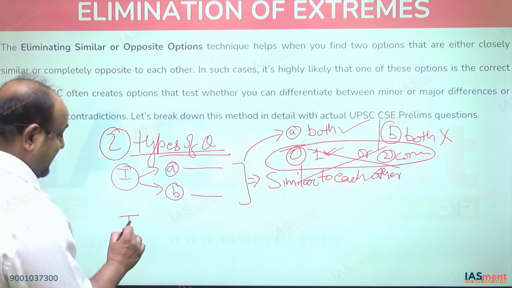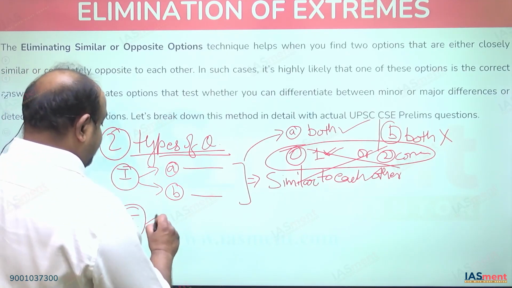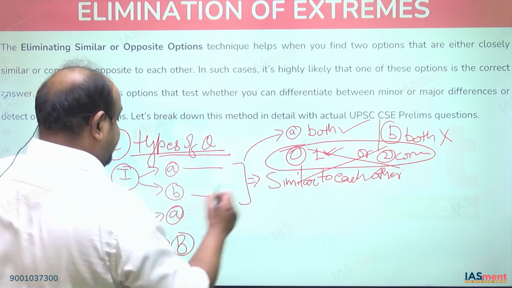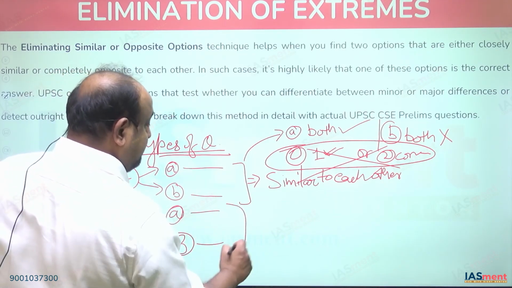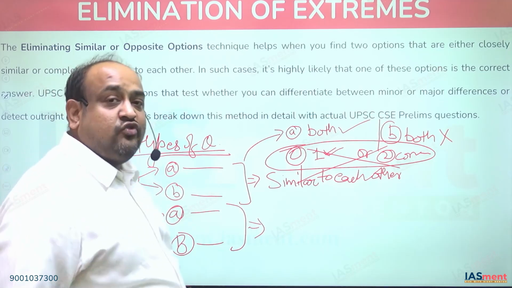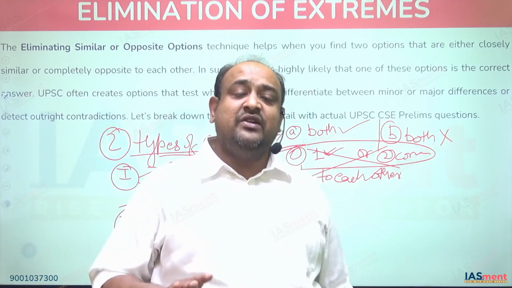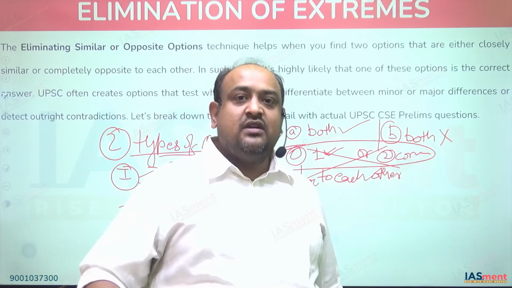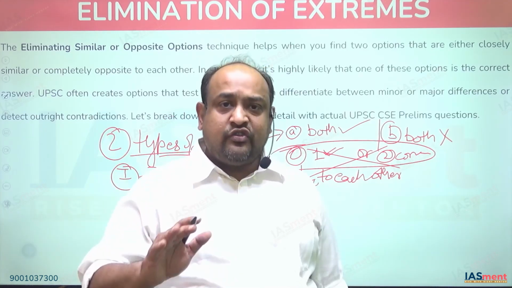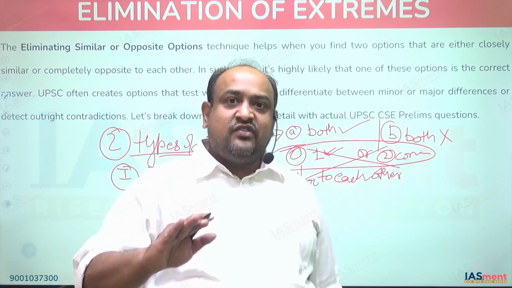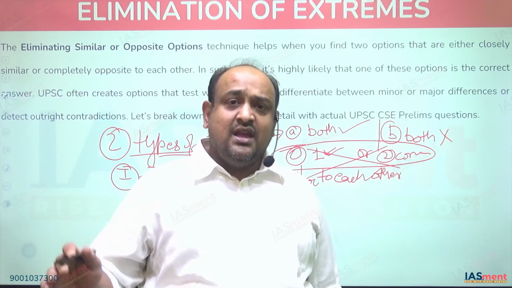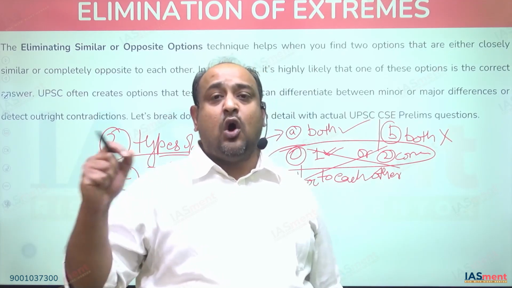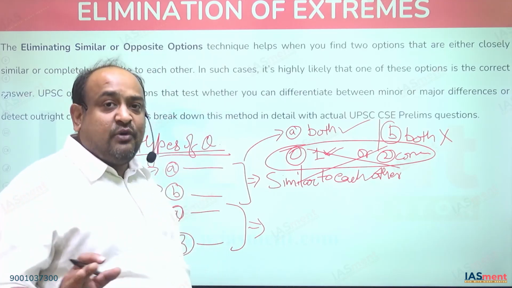And in the second type of questions, there will be two statements, and it is possible that both the statements are contradictory to each other, meaning both the statements are not supporting each other. If one statement is saying something, then the other statement will be saying a totally opposite thing, which is not possible.